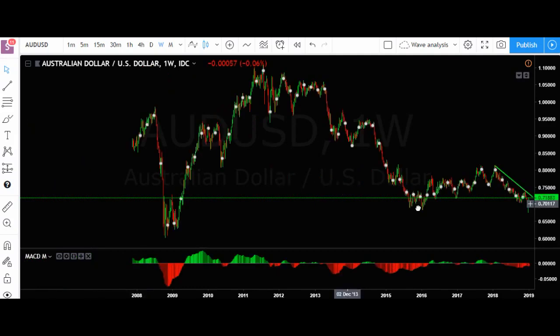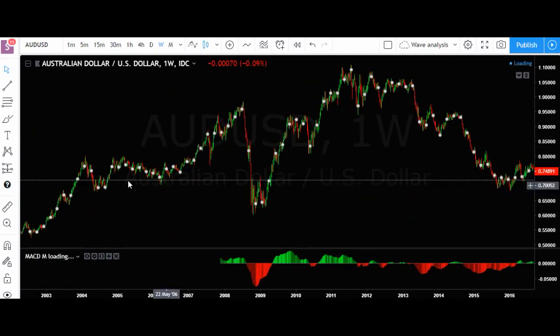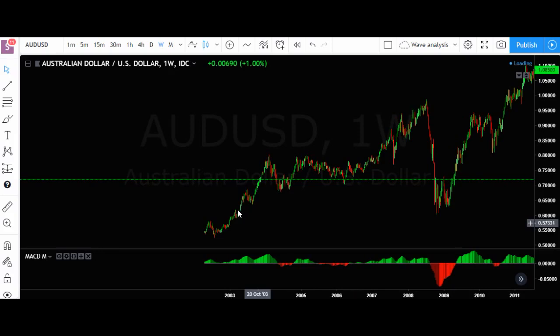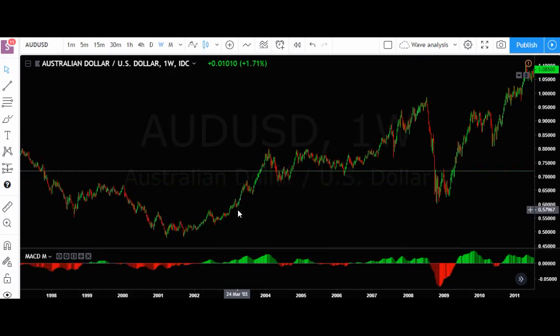So let's go here. Let's try and get as many charts as possible. Okay, let's start over here. So here we had this impulse, and then we had this correction over here, and then we had this next impulse move up.